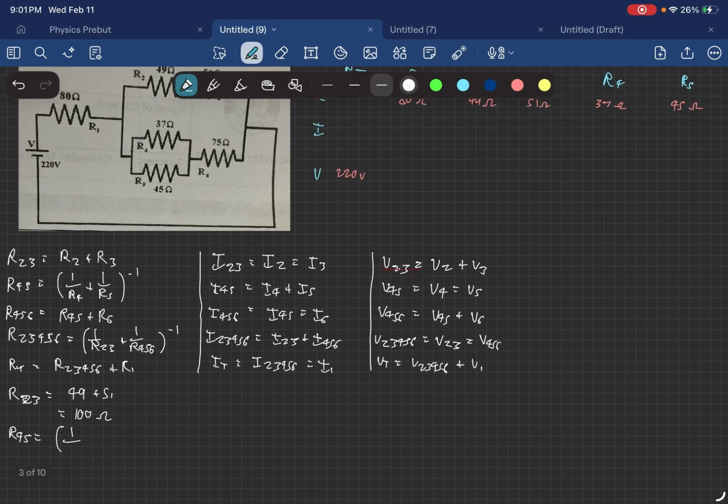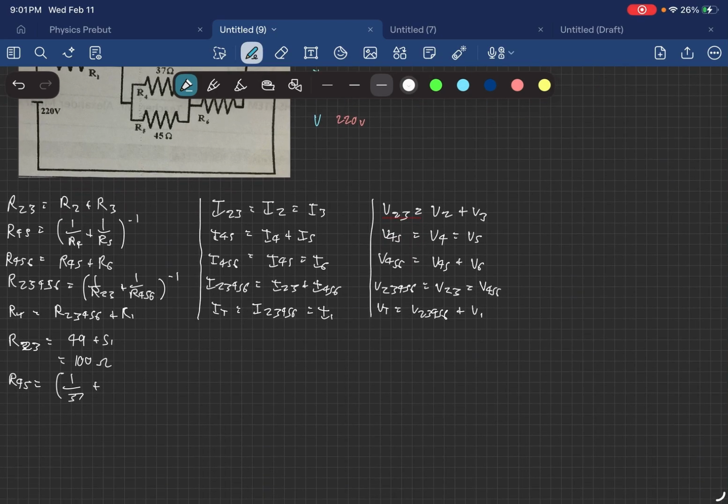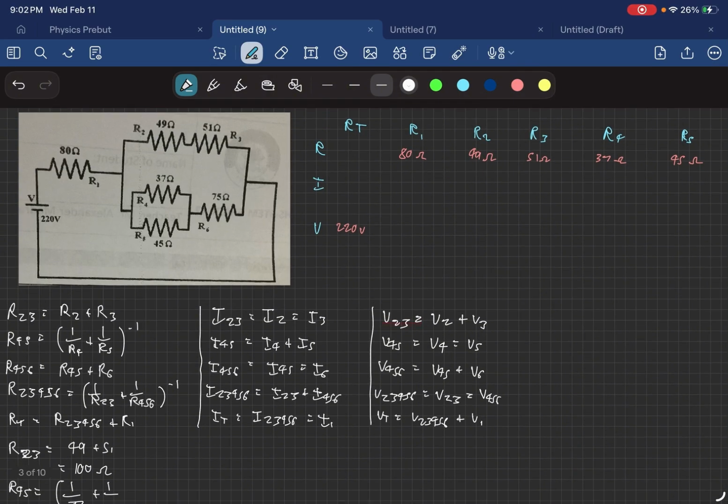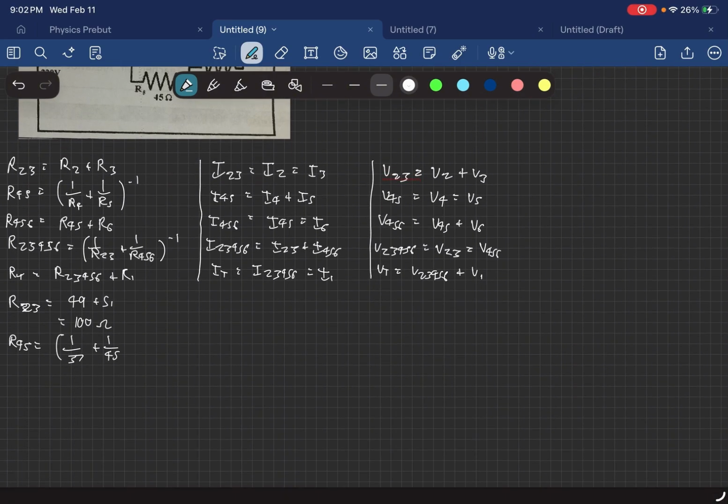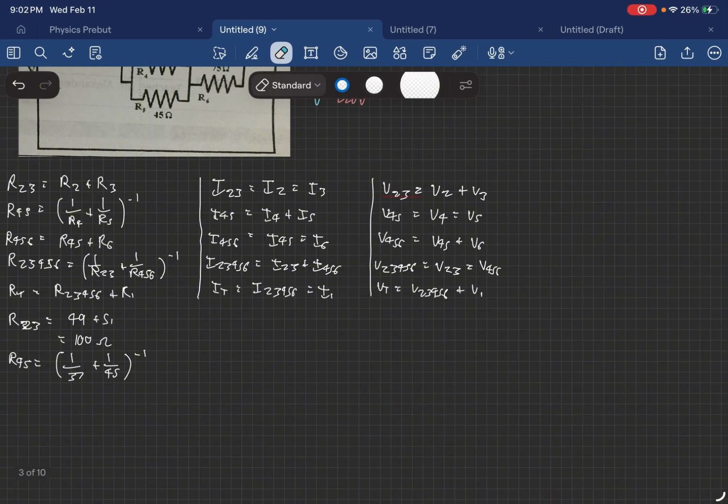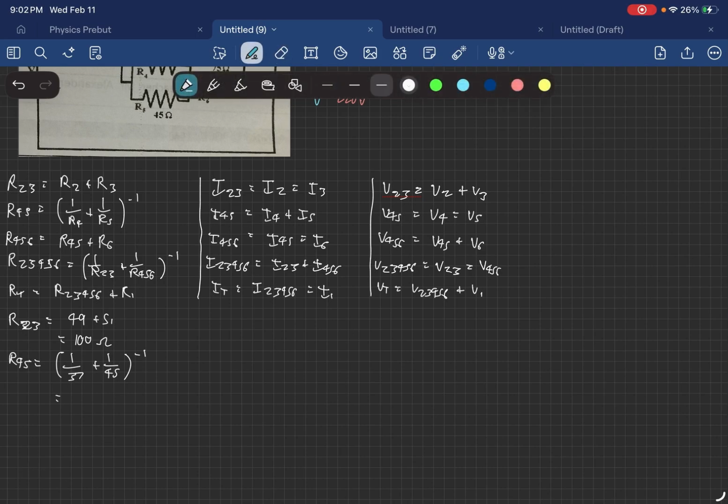Our R4 is 37 ohms, plus R5, which is 45 ohms. Then we just put this into the calculator: 1 over 37 plus 1 over 45, raised to negative 1, and our answer is 20.30 ohms.